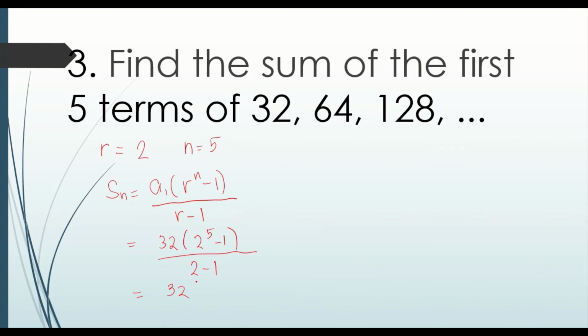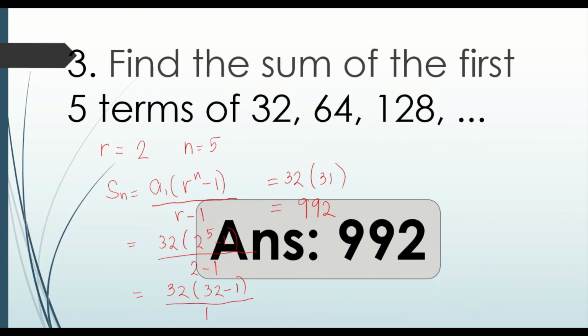Simplifying, 32 times 2 raised to 5, which is 32, minus 1, all over 2 minus 1, which is 1. So 32 times 31 all over 1, we don't need to write 1. 32 times 31 is 992. So the answer is 992.